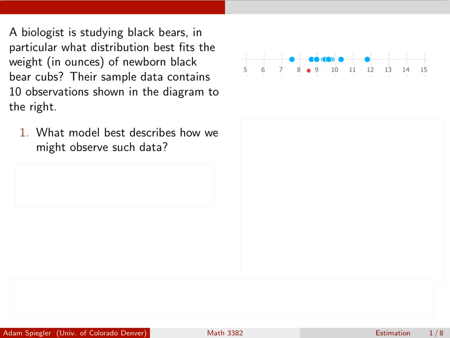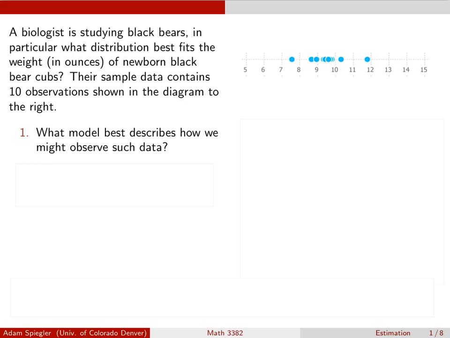Most of the weights are clustered in the middle, a little bit less than 10 ounces. As we move away, either greater than that or less than that, the values get more sparse. So the further we are from the center, the less likely we are to observe observations. We also see that the data looks somewhat symmetric.